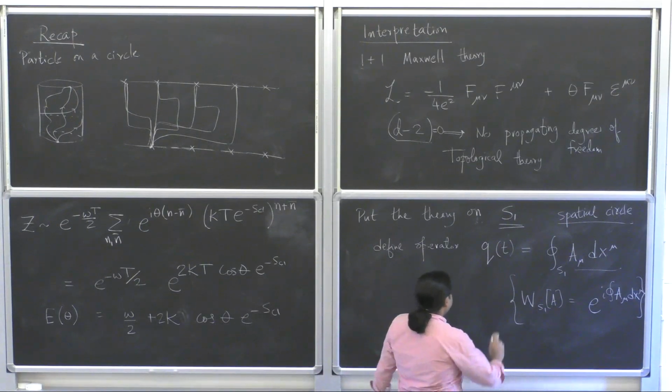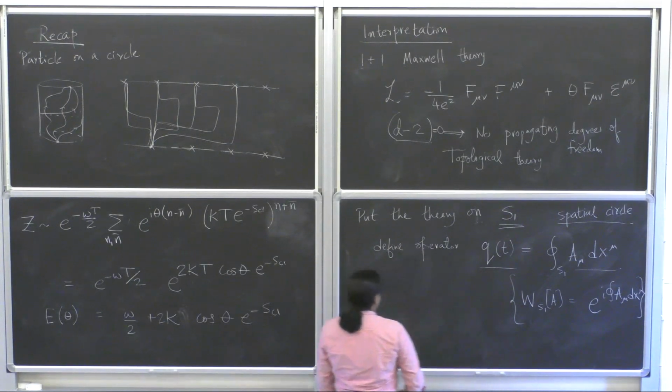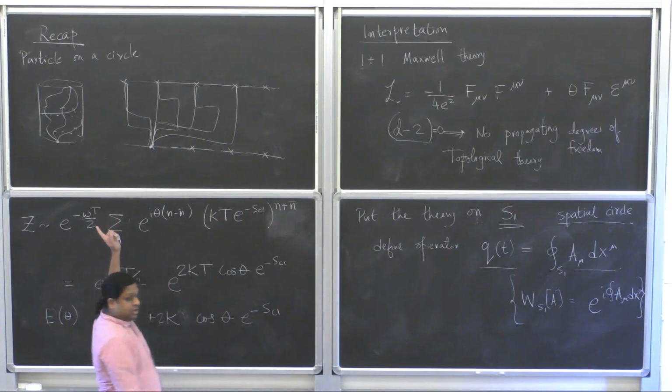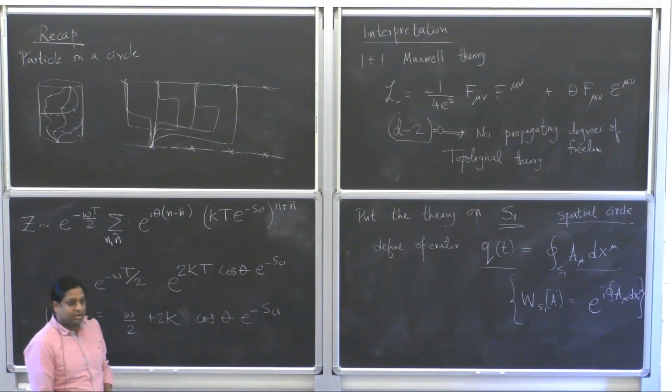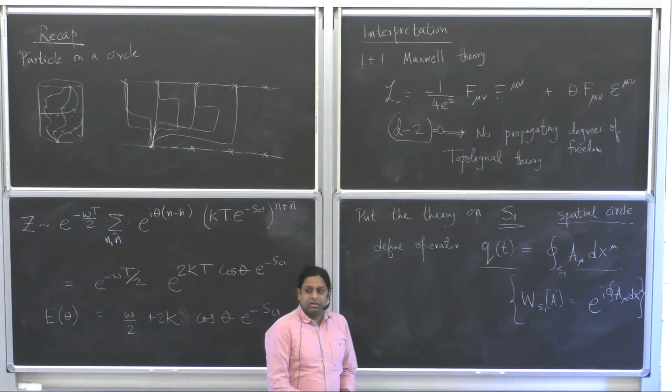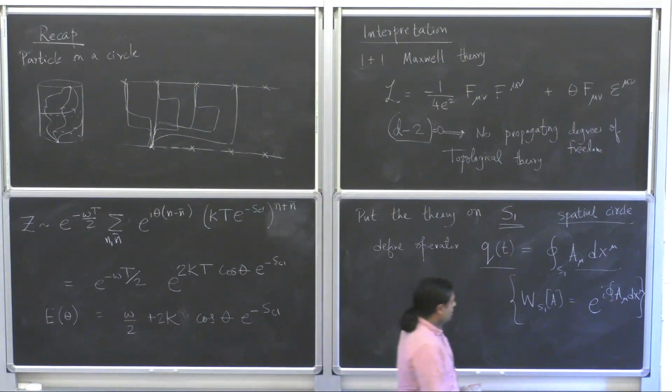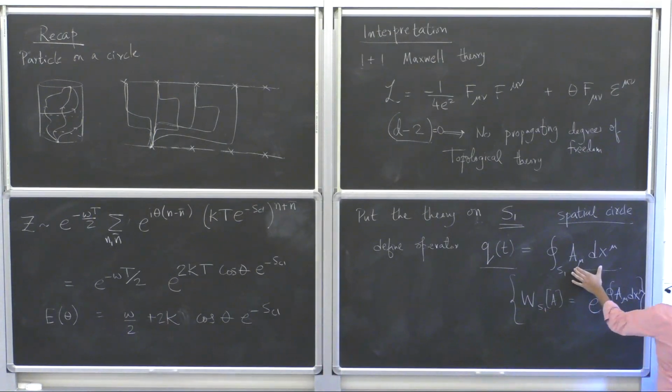And indeed, this quantity Q of t is directly analogous to the Q of t from our quantum mechanical system. Is there a question? No. So this field operator integrated over a spatial circle now depends only on time. So now it's a quantum mechanical operator in our theory.